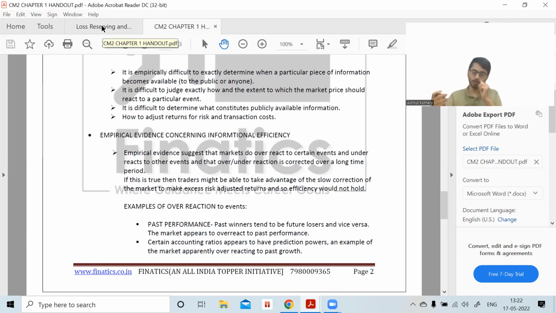The second side is, similarly, if a company has a very high PE, let's say, if I talk about these consultancy services like IT companies, TCS, Infosys, Wipro, and so on, these generally right now have around 20 to 30 PE. So if I talk about TCS, right now it probably has a PE of 30. So for every 1 rupee which TCS is earning, investors are willing to pay 30 rupees for it.